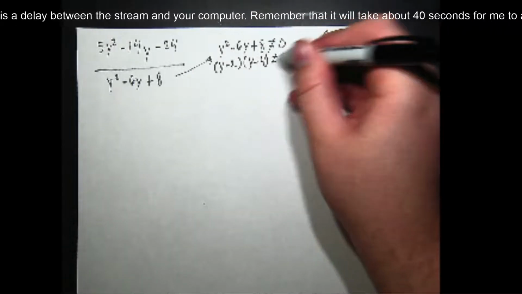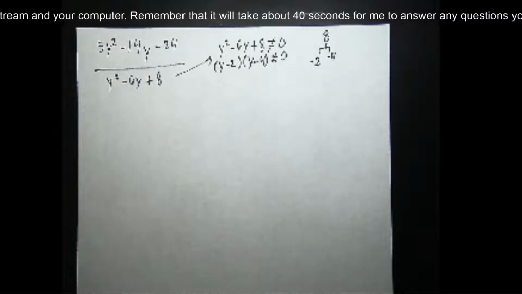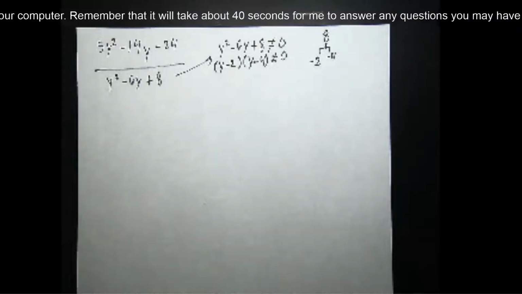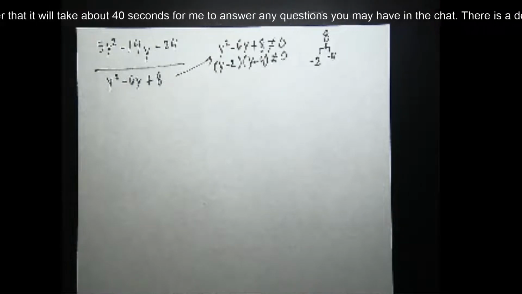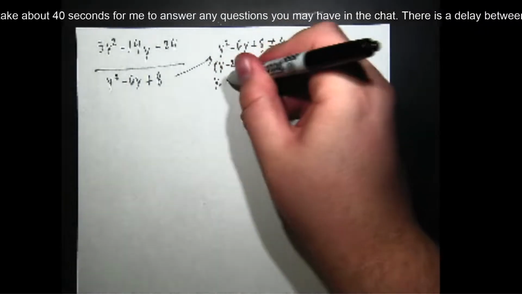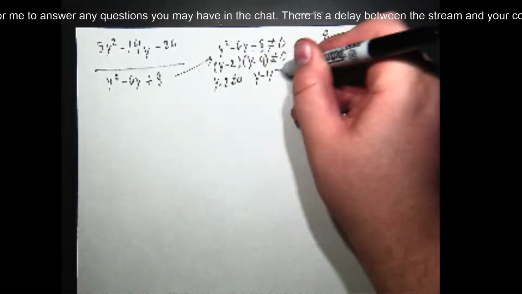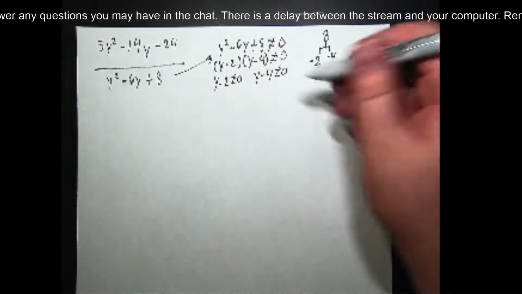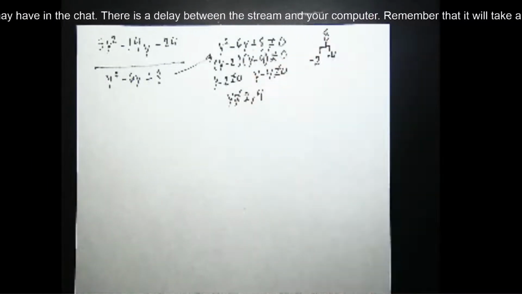And of course, again, that cannot be equal to 0. Then, using our zero product principle, we say y minus 2 cannot be equal to 0, y minus 4 cannot be equal to 0, which means that y cannot be equal to 2 or 4.